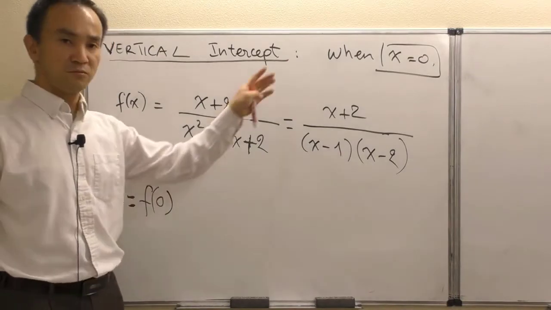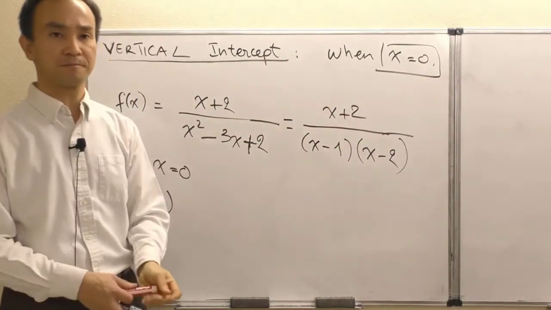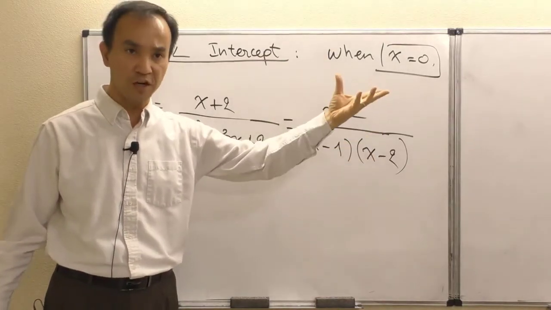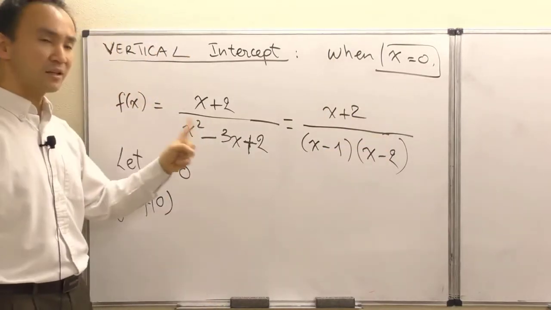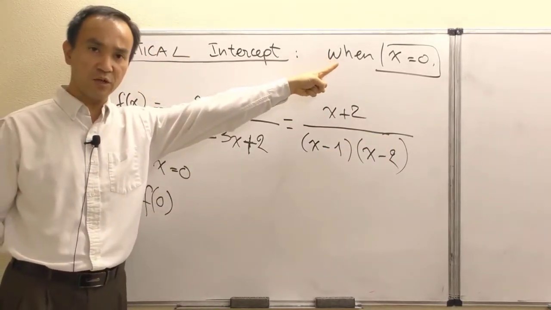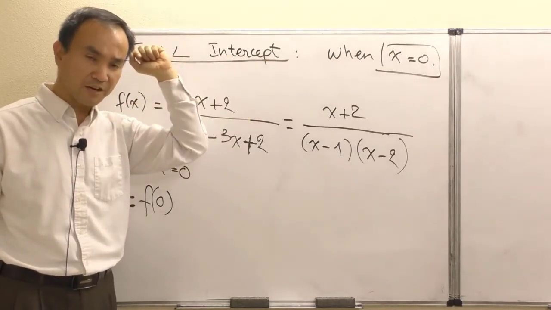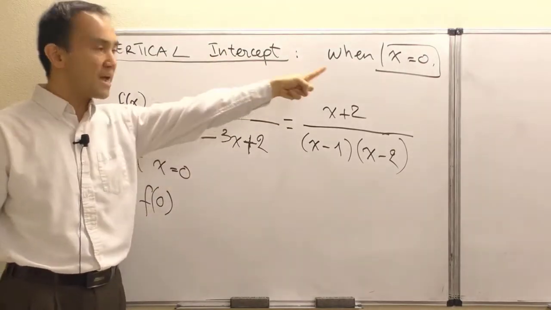Notice that prior to getting to this point, we've gone through looking at domains and vertical asymptotes and holes and all that. One thing I know for sure is that finding vertical intercepts only happens when x equals 0.